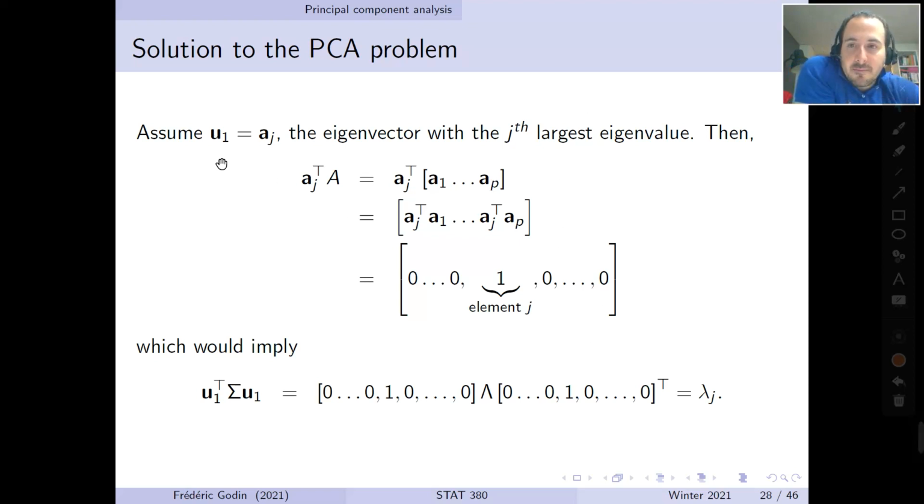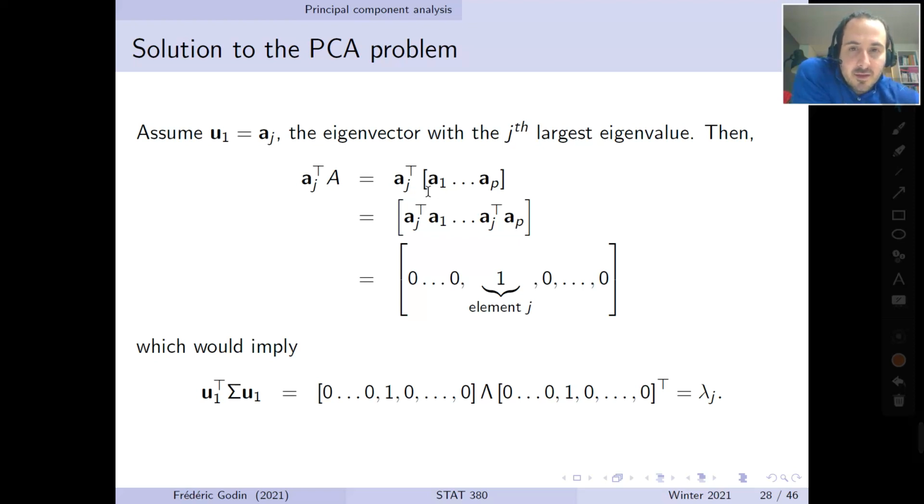Okay, so if we continue, we said that u1 must be an eigenvector. So u1 is aj for some j, but we don't know which j it is. Let's say u1 is aj, the eigenvector associated with the jth largest eigenvalue. Then aj transpose is aj times the matrix containing as columns each of the eigenvectors.